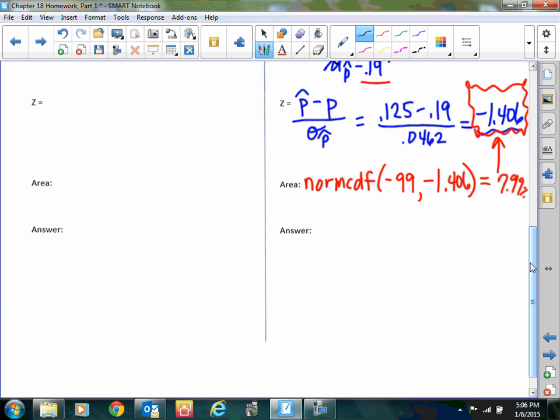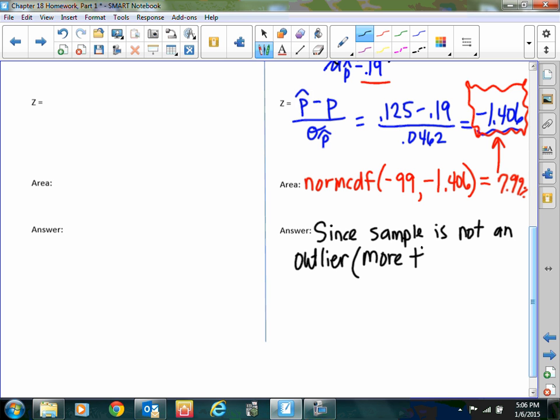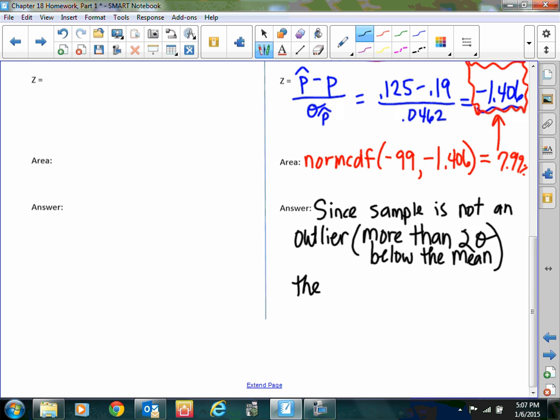Furthermore, let's write our conclusion. Since the sample is not an outlier, more than 2 standard deviations below the mean, the sample is not unusual.